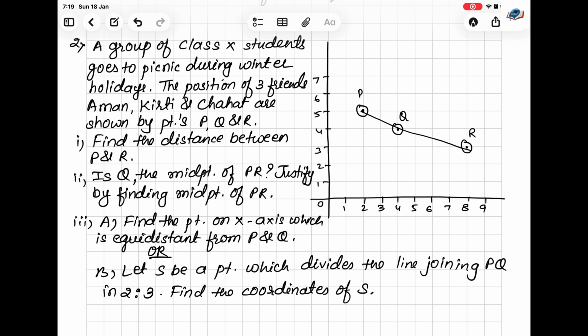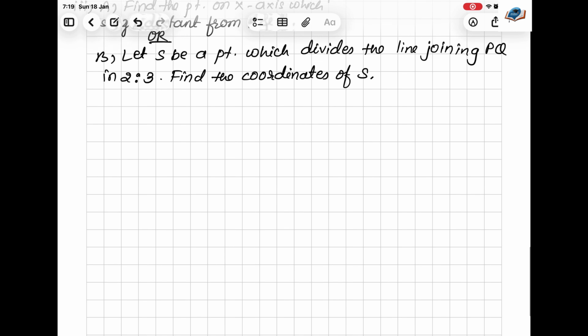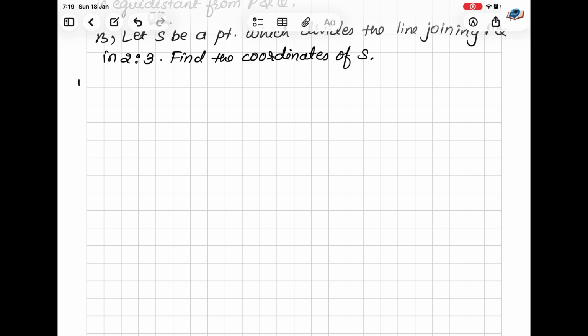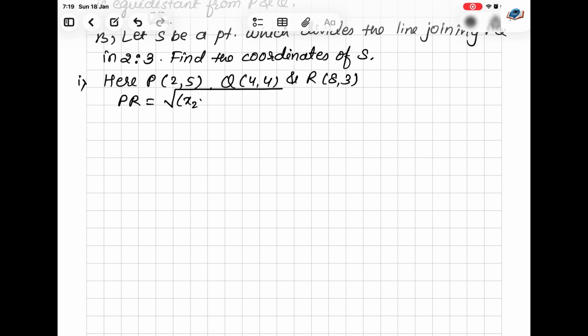Now, to solve this, let us start solving it. Before I solve, let me write here P is 2, 5, Q is 4, 4, and R is 8, 3. So in the first one, he has asked me distance PR. So PR will be equal to square root of x2 minus x1 whole square plus y2 minus y1 whole square.